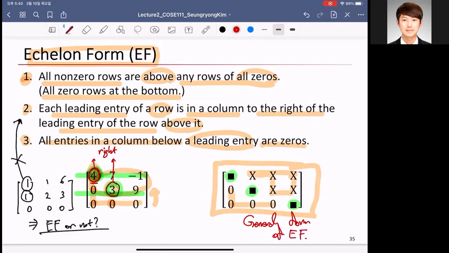Why do we need echelon form? By the way, echelon form in Korean is 사다리꼴, right? You get the feeling right away when you hear 사다리꼴. It looks like this. Why do we need this one? As we discussed in previous examples, if we have this kind of matrix, we can easily find the solution, right? Compared to the original matrix, right?